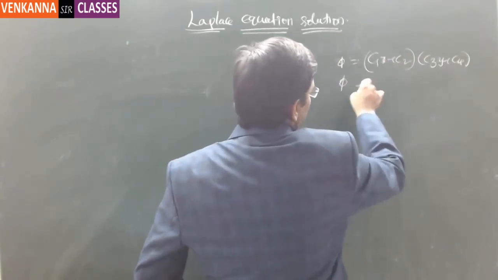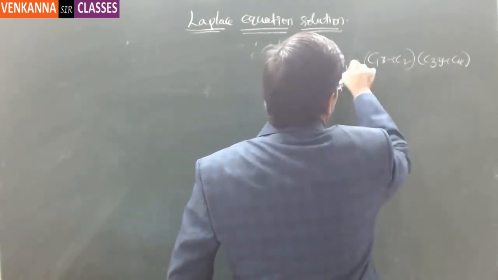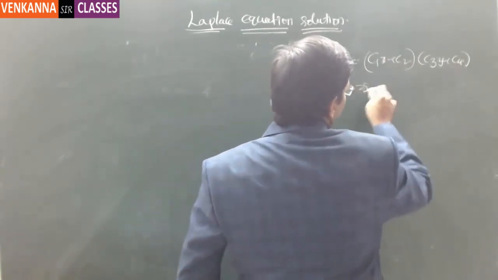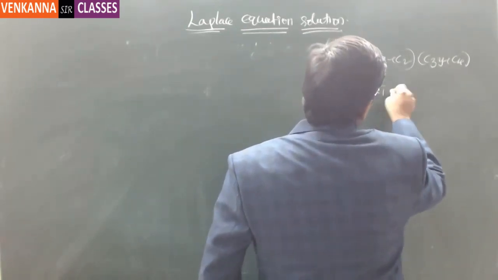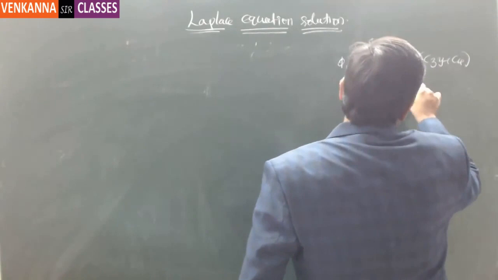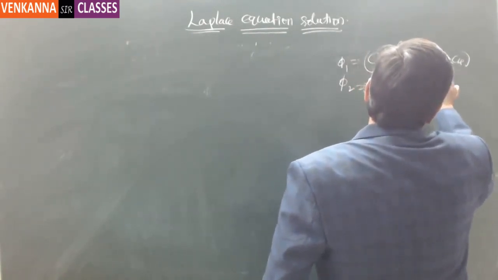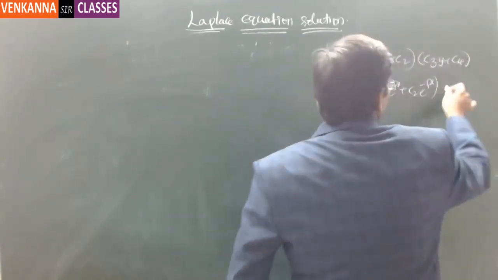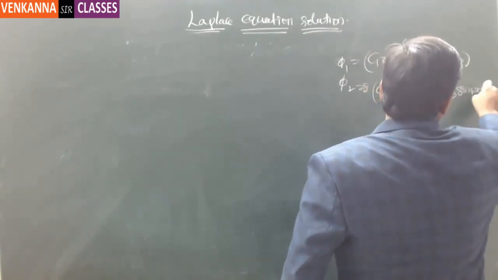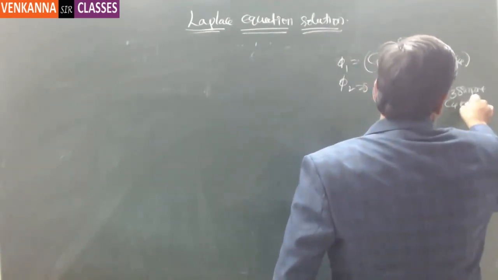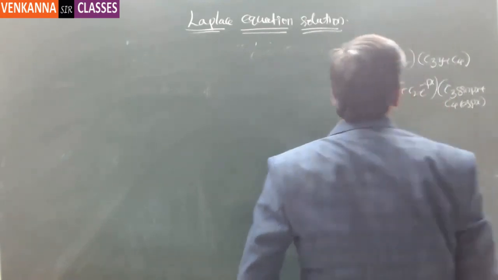And the second solution is C1 e power px plus C2 e power minus px getting multiplied by C3 sin py plus C4 cos py. This is another solution.